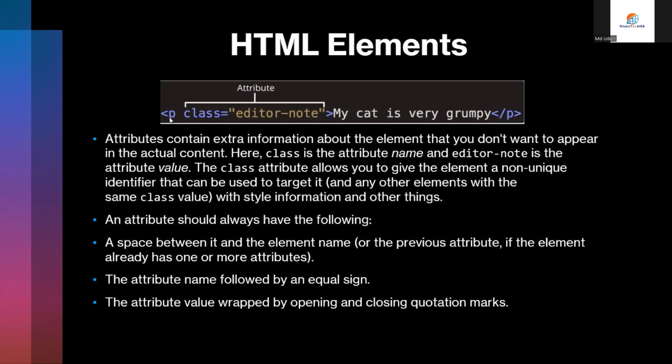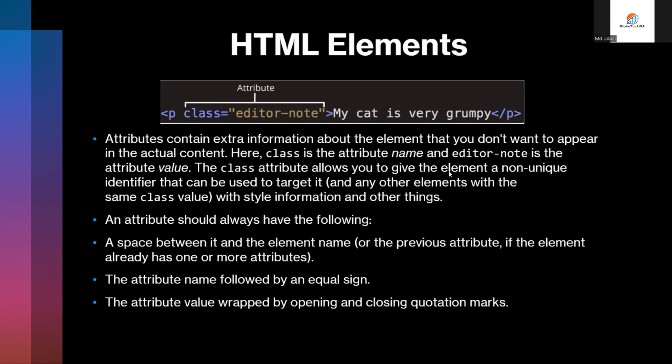So we write P class equals editor note. This class equals editor note is an attribute within our HTML element. So if we want to put extra information within the element, we can use an attribute.